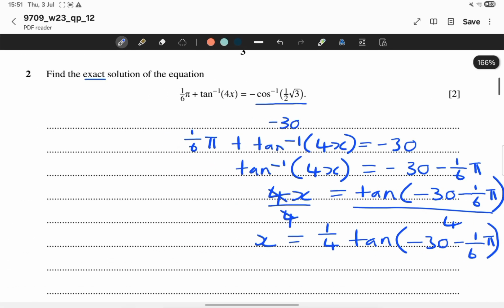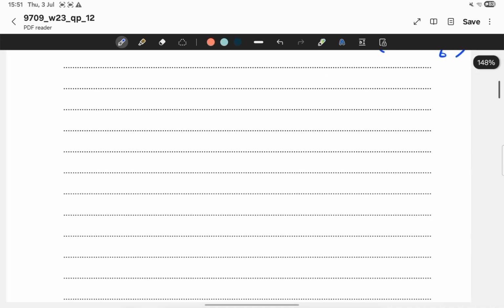That's our answer in exact form. No need to simplify it any further. This is it. Now moving on to the third question.